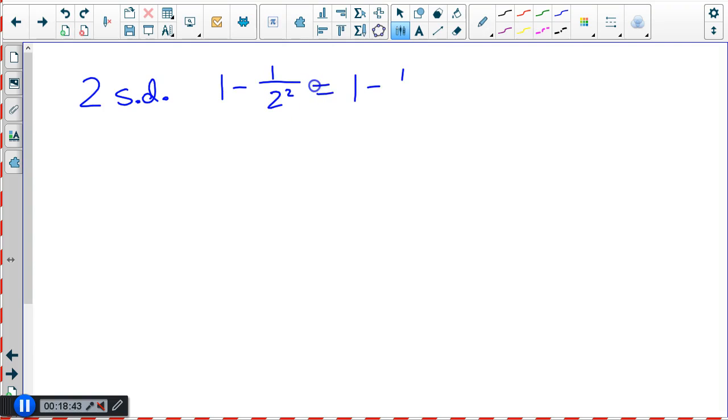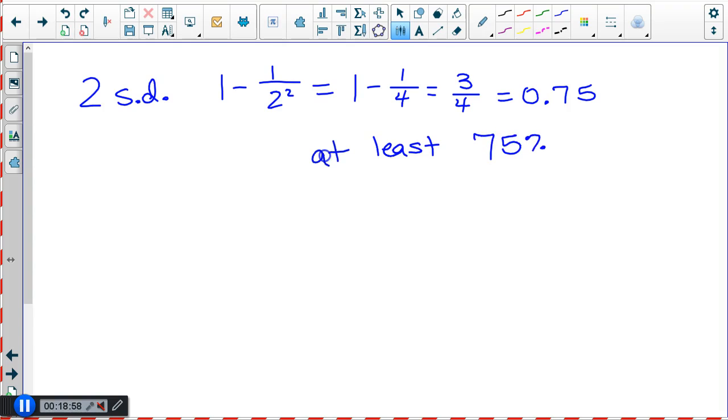So 1 minus 1/4, which is 3/4, which is 0.75. So how much of the data? 75%. And notice it says at least 75%. It could be more than that, but we're saying at least 75% is going to be within 2 standard deviations for any distribution, okay?